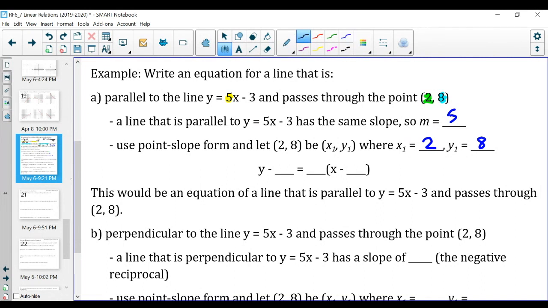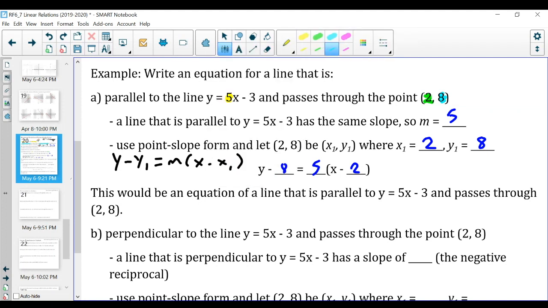So remember, point slope form is y minus y1 is equal to m times x minus x1. So we're going to go ahead and fill in those values. We'll have y minus 8 is equal to 5 times x minus 2.